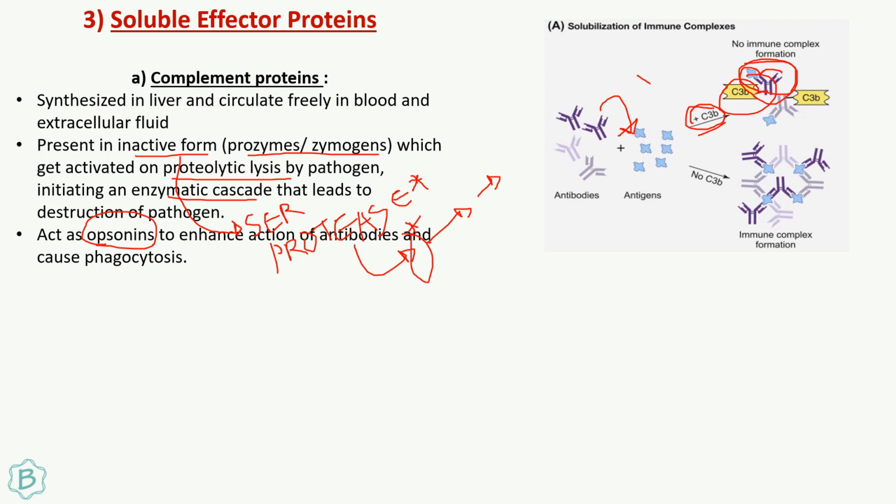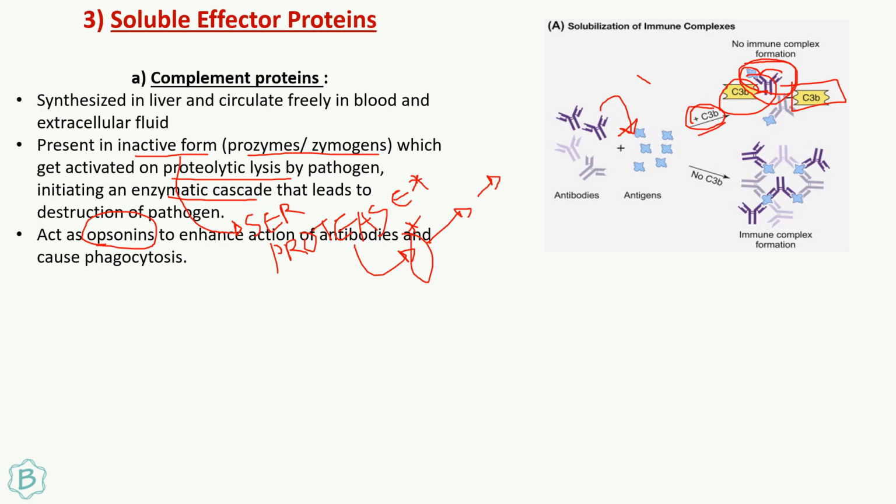If it is binding in this way, then no immune complexes are being formed, and what it is doing is marking this antibody-antigen complex for phagocytosis. Because of this, your immune system will quickly realize that there is an antibody-antigen complex and it needs to destroy it.